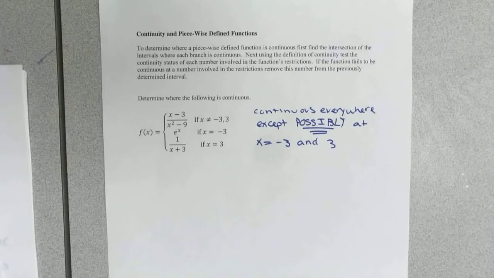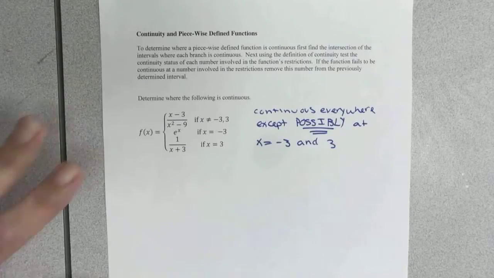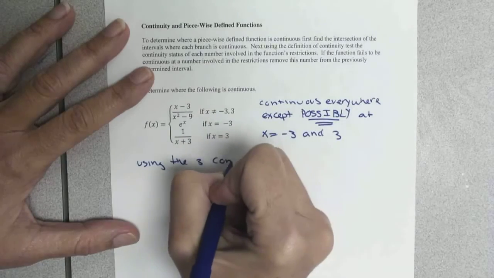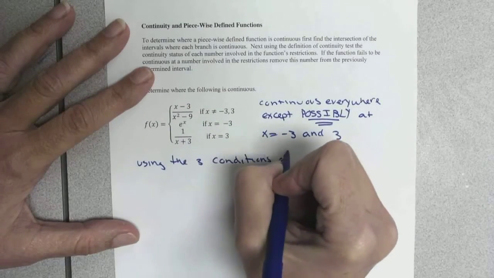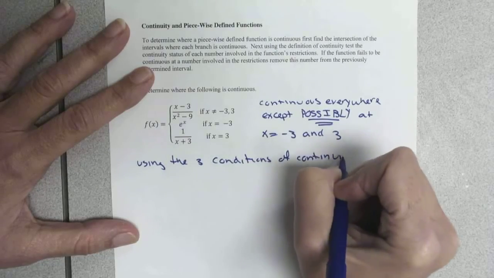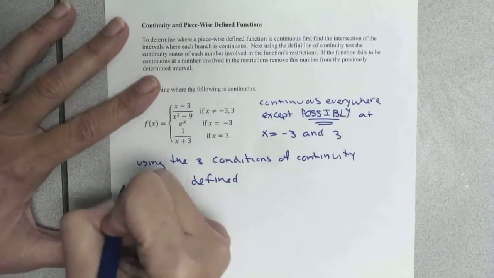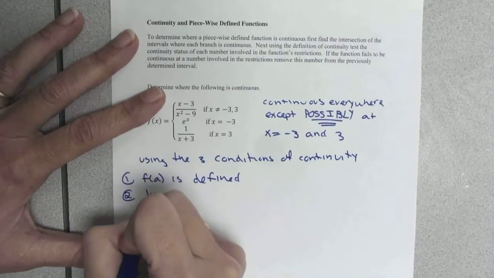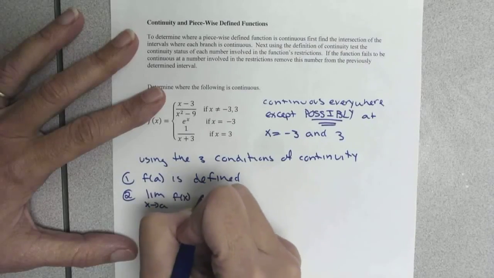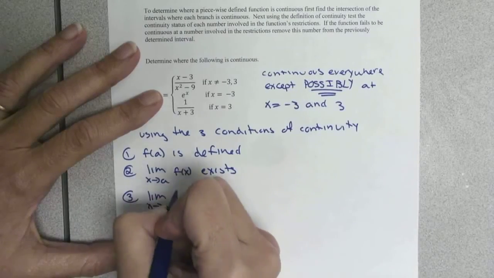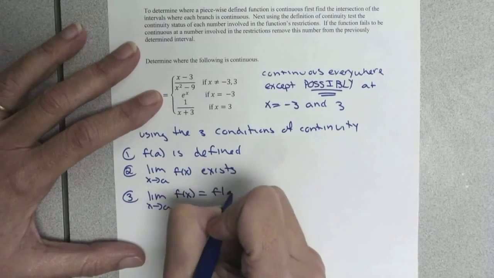Now, what we're going to do is use the definition of continuity, those three steps, to determine whether we have continuity at those numbers. Using the three conditions of continuity: 1, f of a is defined. 2, the limit as x goes to a of f of x exists. 3, the limit as x goes to a of f of x equals f of a.